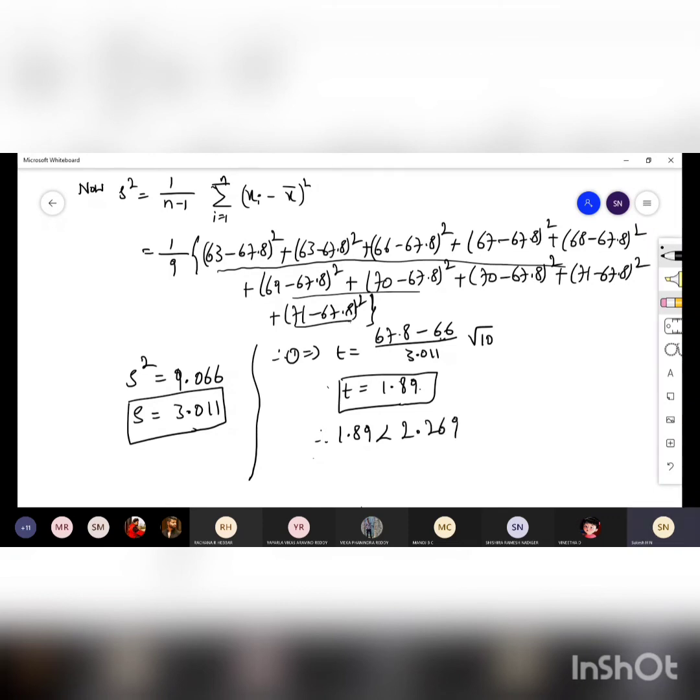Thus the hypothesis is accepted at 5% level of significance.